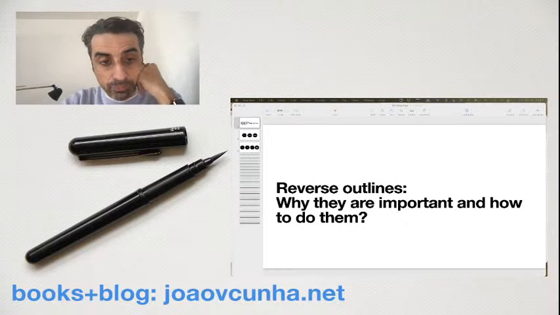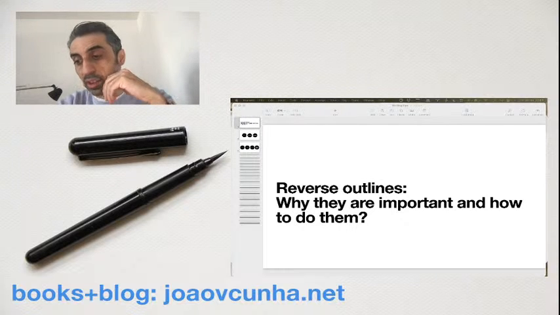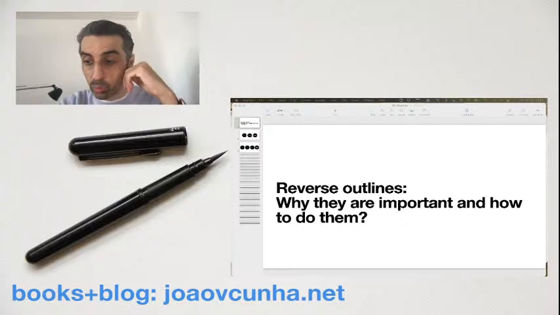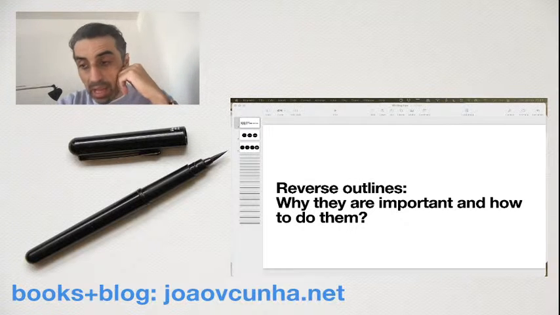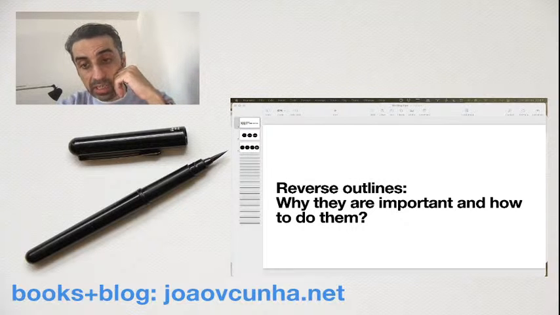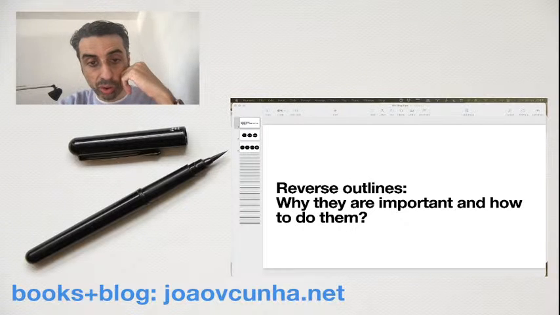So the first thing that I want to tell you is that if you don't outline, you need to learn and do it quickly. Not outlining is like procrastination. Not outlining is something that you do because you are insecure about your writing.